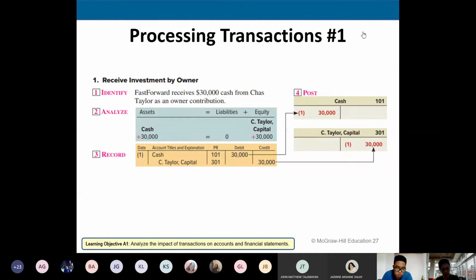So that's the general entry pag nag-invest tayo. Be it cash or non-cash, i-identify mo lang yung asset na kinontribute, yun yung i-debit mo kasi nag-increase yung asset. At ang corresponding credit natin would be the owner's capital account.